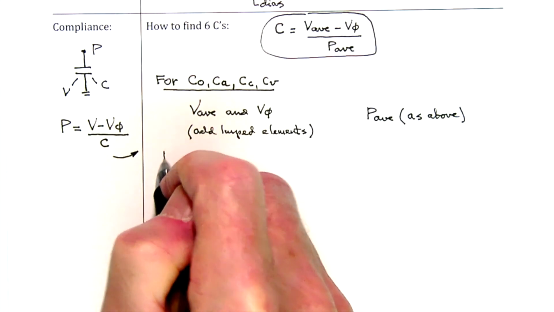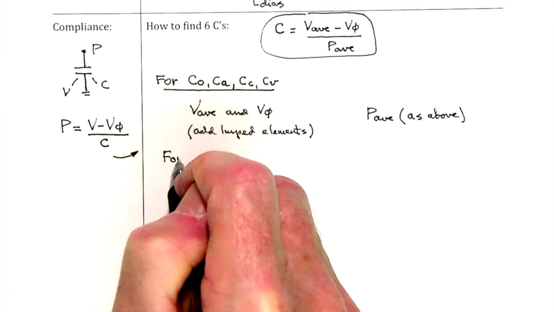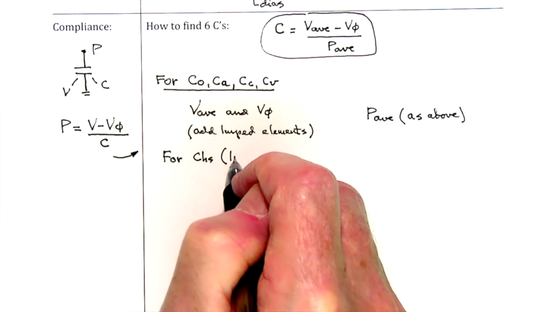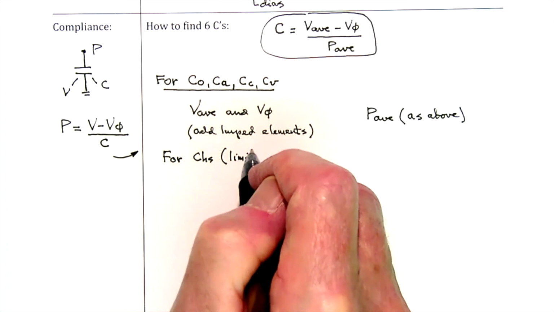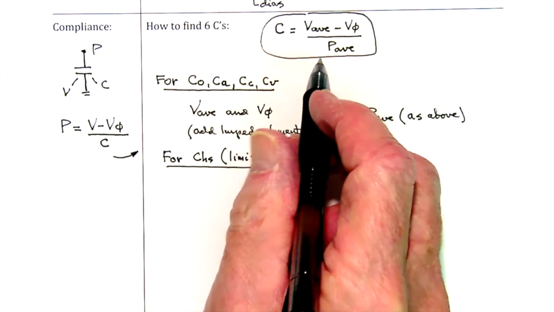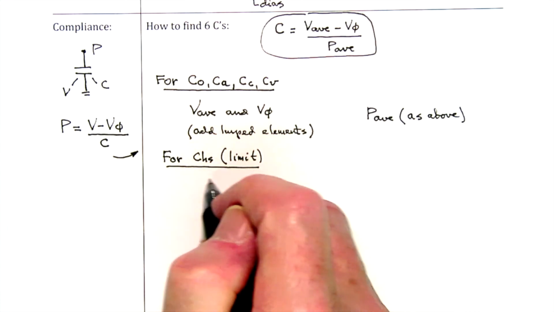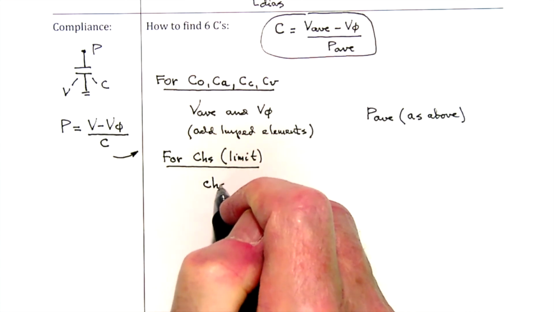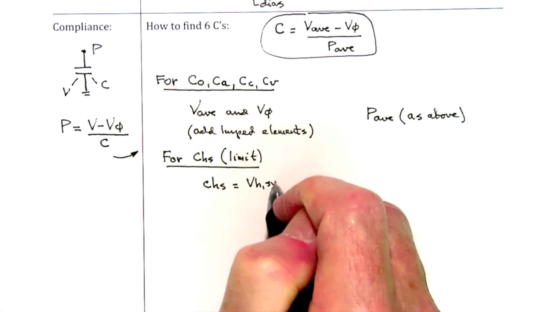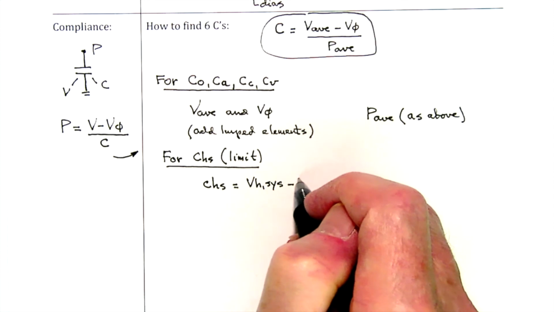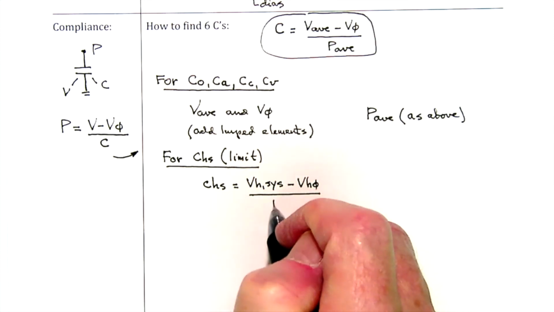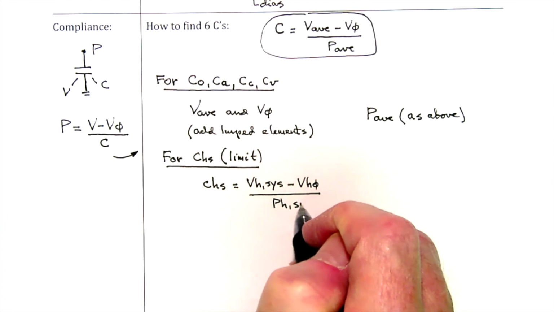So to find the limit for systole, which we call C sub hs, and once again that is the limit of C sub h during systole, we'll use that equation up above, but we'll put in systolic times for it. So C sub hs is equal to the volume in the heart during systole minus the residual volume of the heart divided by the pressure in the heart during systole.